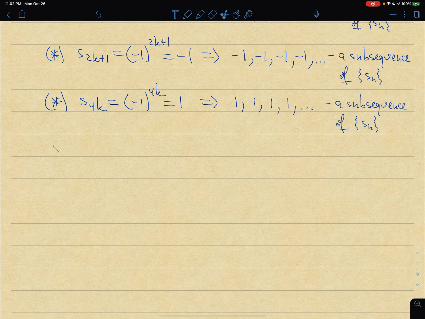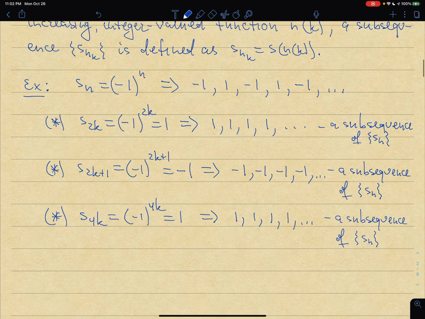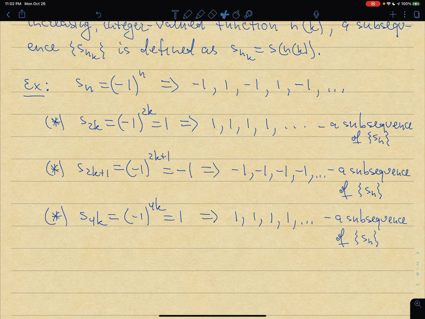One more observation here: if somebody gives you a sequence that consists just of ones and asks what subsequence of the original sequence that is, you cannot really say, because the sequence of every even element is only ones.